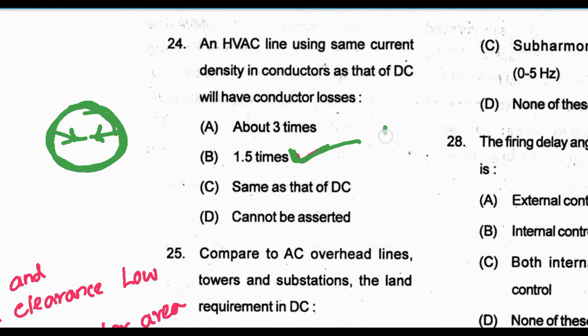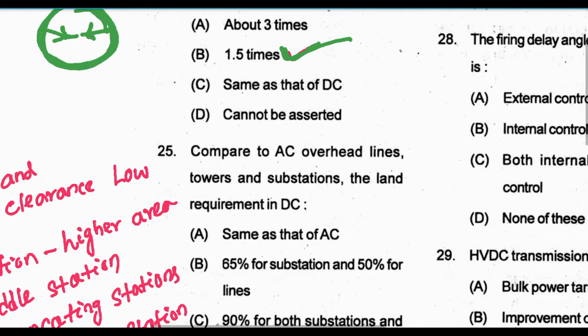As we know that I square R is the loss, and here R is taken to be 1.5 times. So power loss will also be 1.5 times in case of HVAC for the same current density.